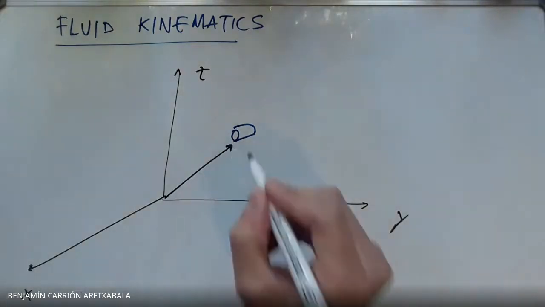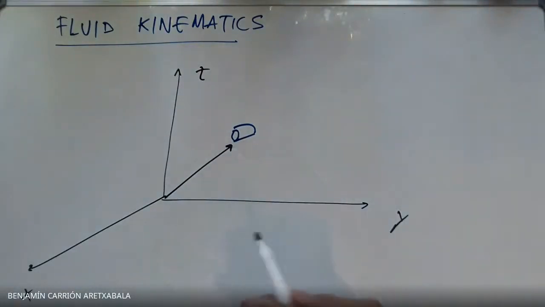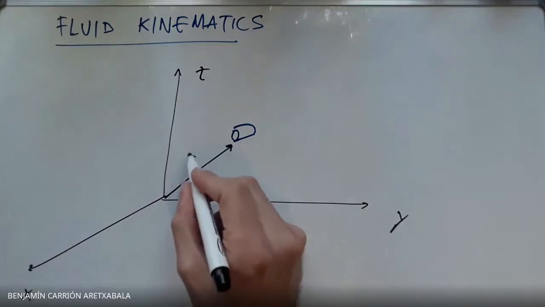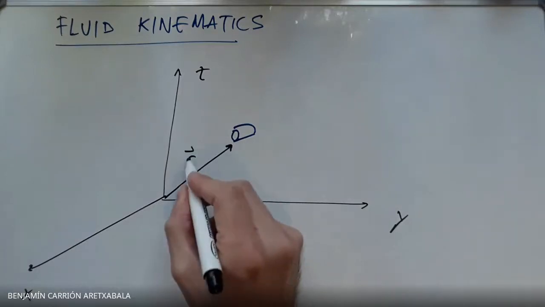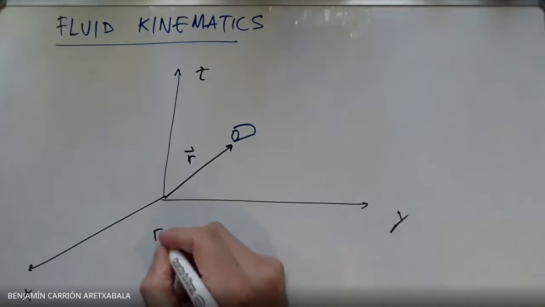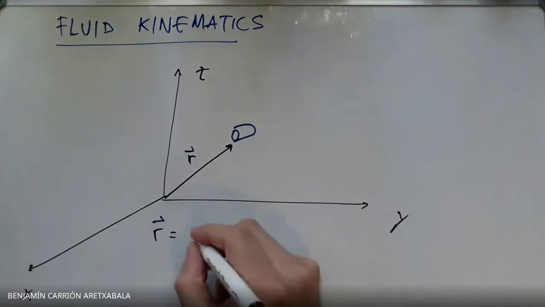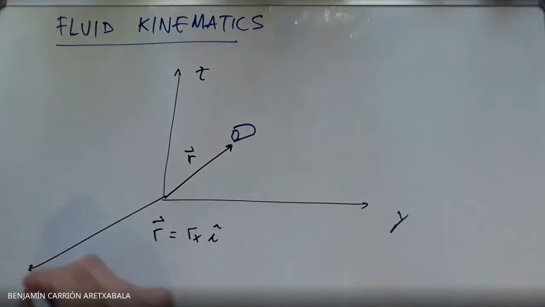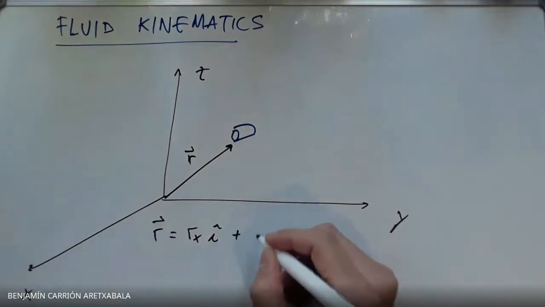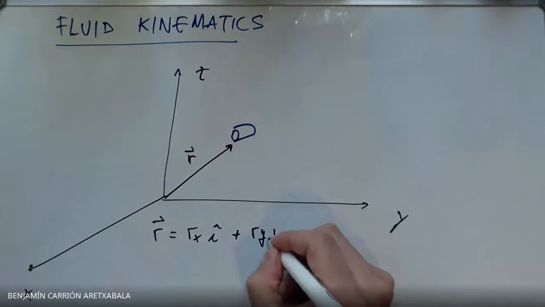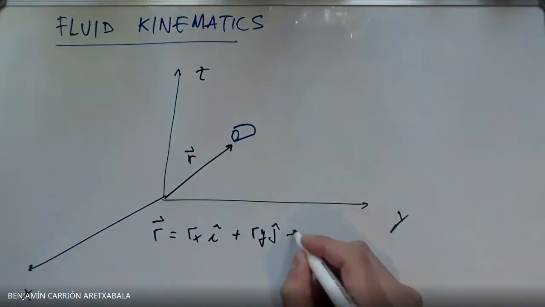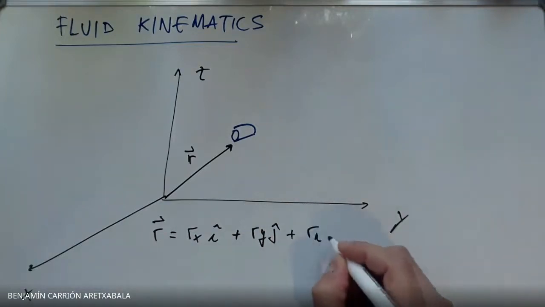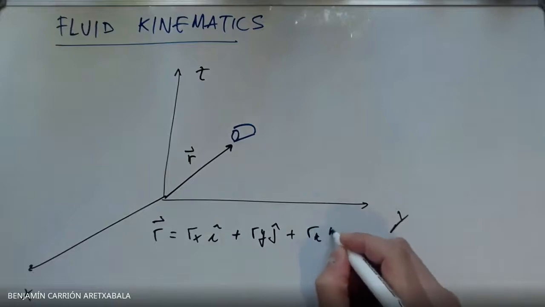So the location of this parcel of fluid, if you've done vectorial mechanics, this is pretty standard stuff, is this vector r, which you can express as some magnitude in the i hat direction, some magnitude in the j hat direction, and some magnitude in the k direction.